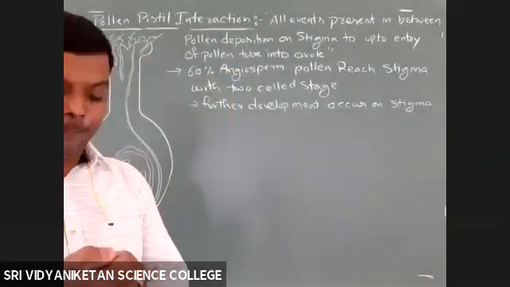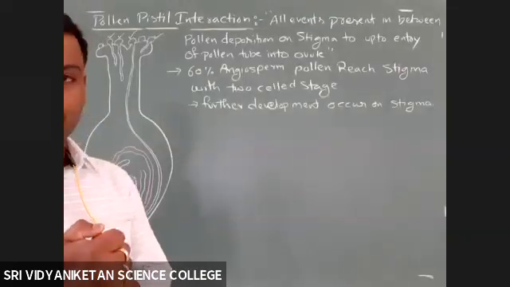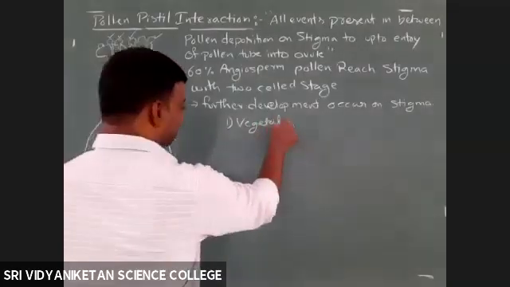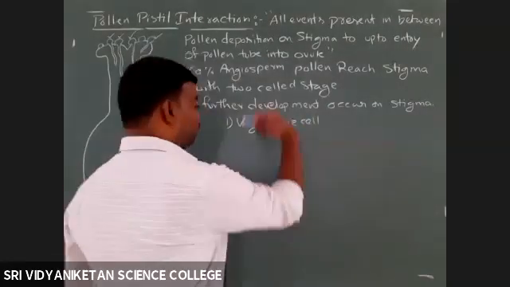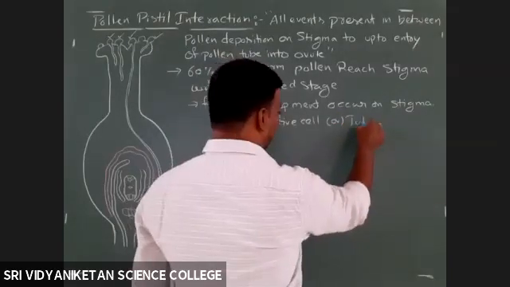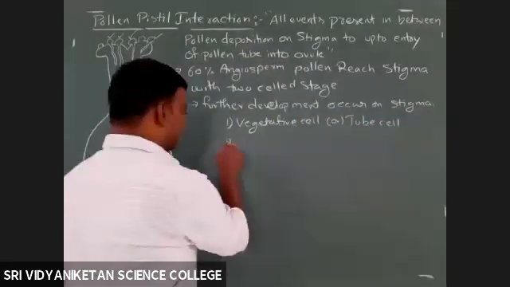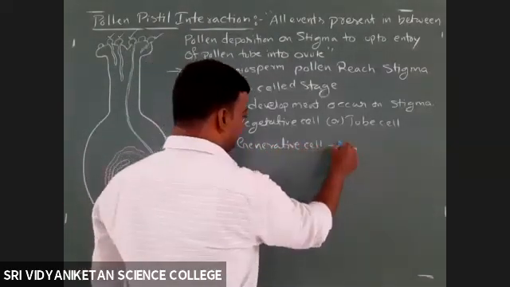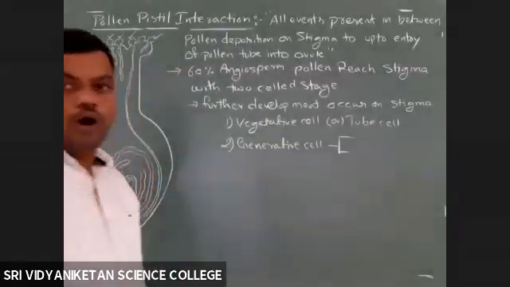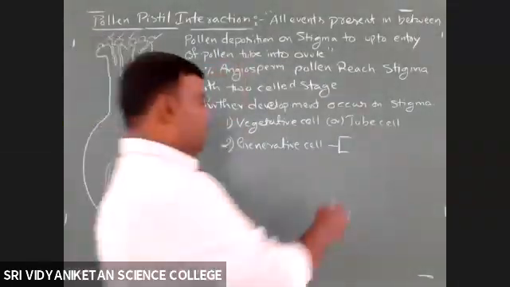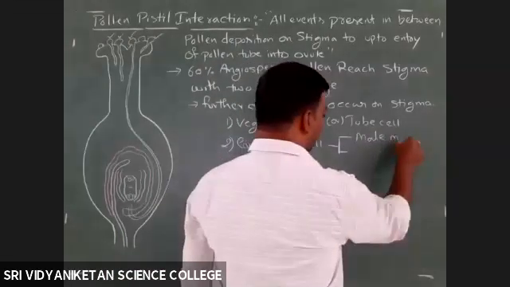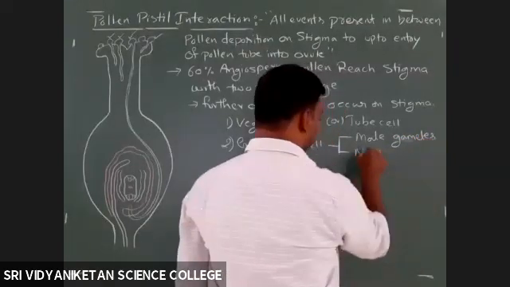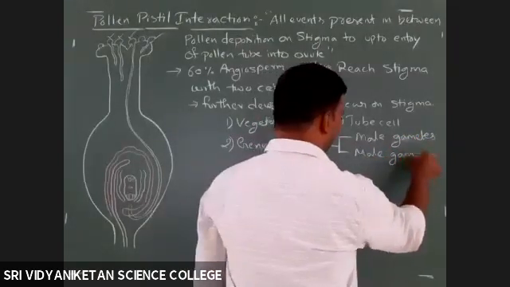The two-celled pollen grain consists of two cells. What are the two cells? One is called the vegetative cell, which is also useful for the formation of the pollen tube, so it is called the tube cell. And the second one is the generative cell, which is the main cell, and it undergoes one more mitosis on the stigma and becomes two male gametes.